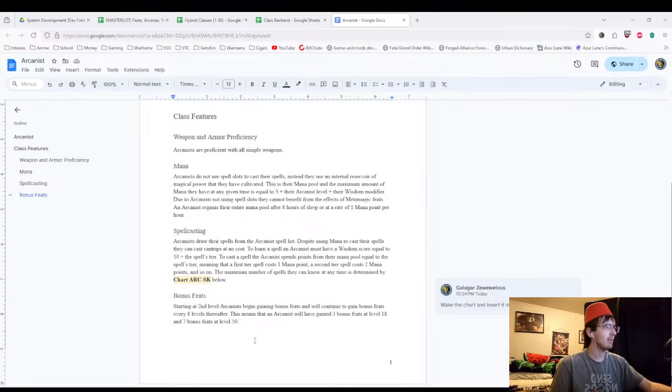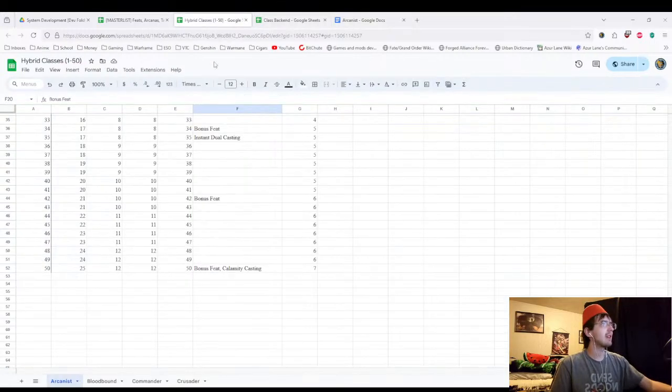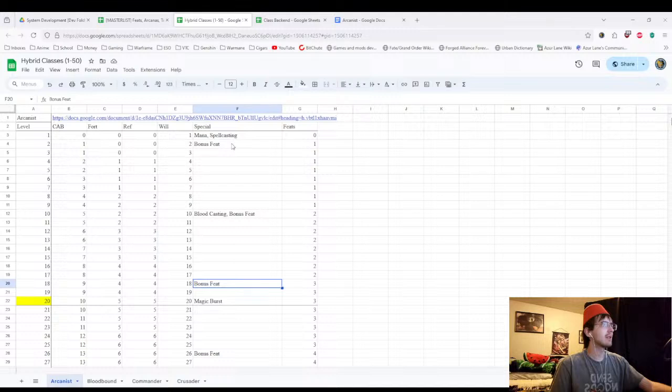So, in accordance with our design philosophy, they do need something at second level. This could be a lot. Basically, every level is going to have something that they get, and it's probably going to get progressively trickier for me to do this.